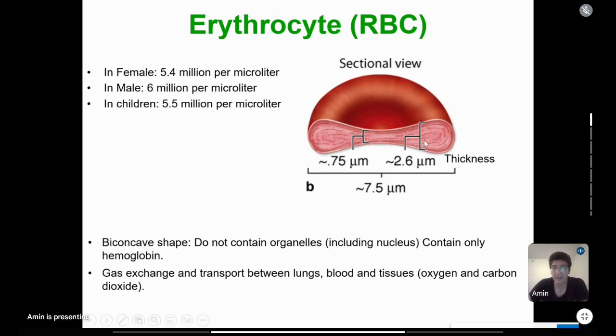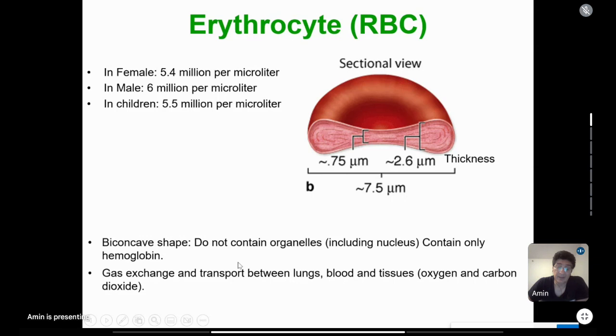Here the thickness is more than here in the middle, because the erythrocyte is a biconcave shape, and its diameter is about 7.5 micrometers.